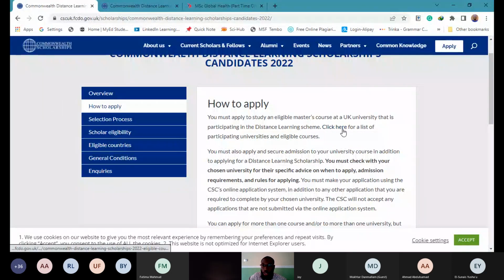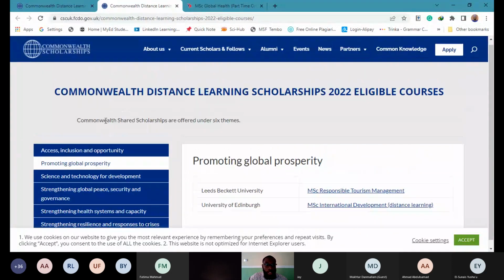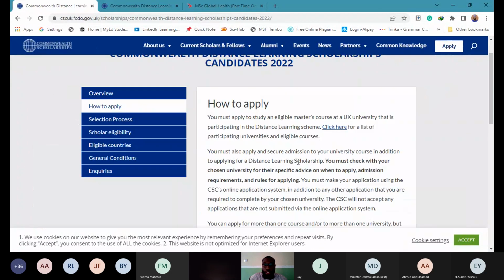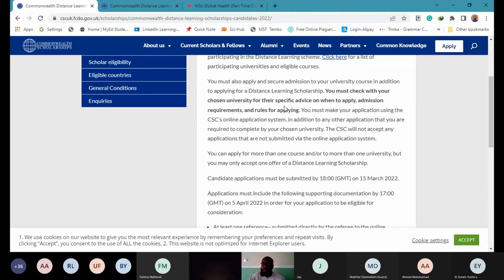You check the list of universities which I've showed you here. Just like I told you, you must check your chosen universities' advice on when to apply, admission requirements and rules. Because you can get the scholarship, but if you don't meet the rules of the university, you will not be able to get this application.